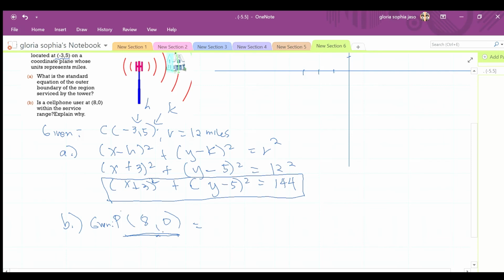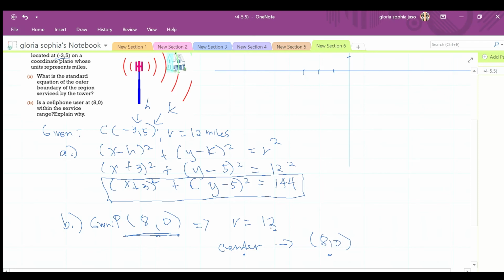So, how will we know? Since we know that our radius is 12, let's get the distance from the center to (8, 0). If the distance from the center to (8, 0) is less than or equal to 12, it can be up to 12, that means that point is within the range.